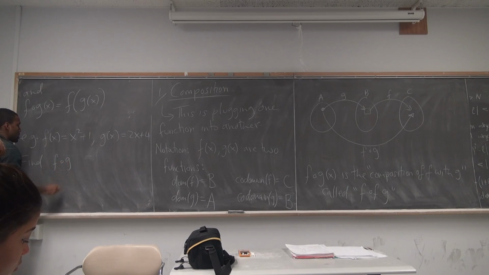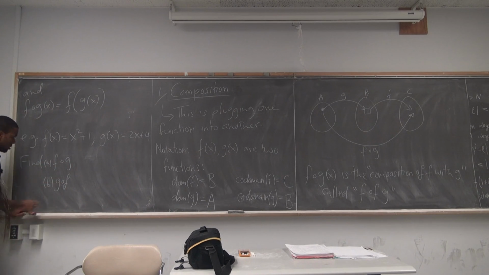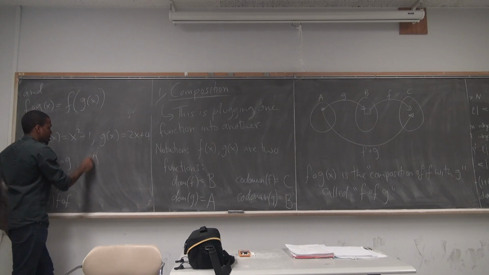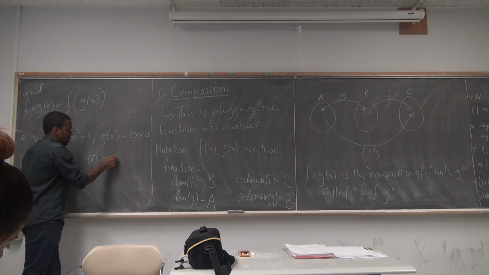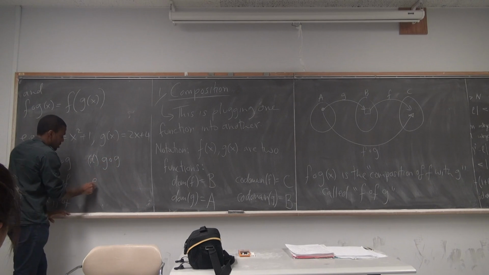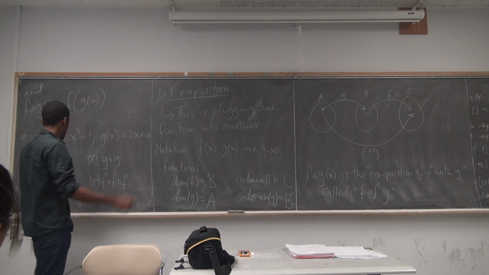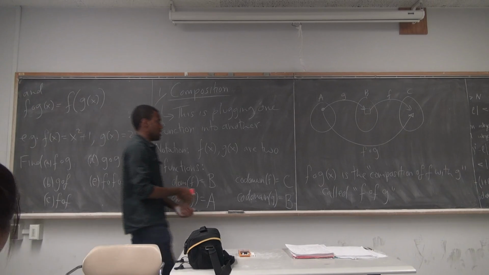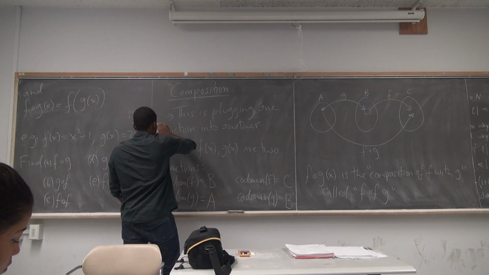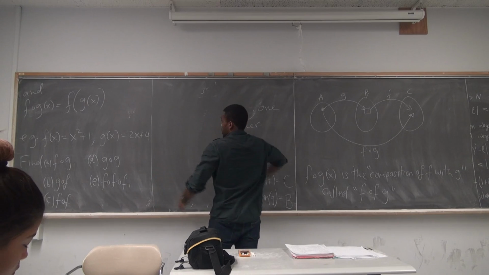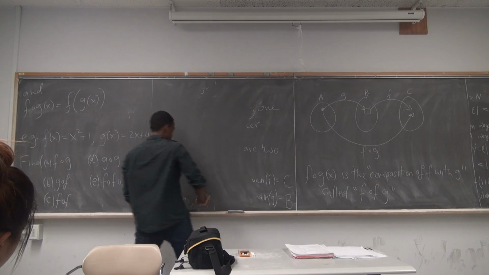Here, find f of g, g of f, f of f, g of g. Let's go with f of f of f. That should get us back in the group. So this is called function composition. F compose g, or f of g, just means you take the function g, plug it into the function f.